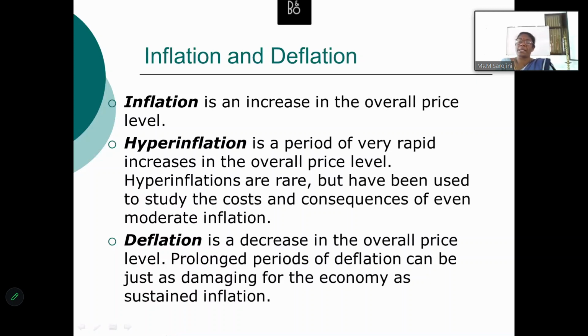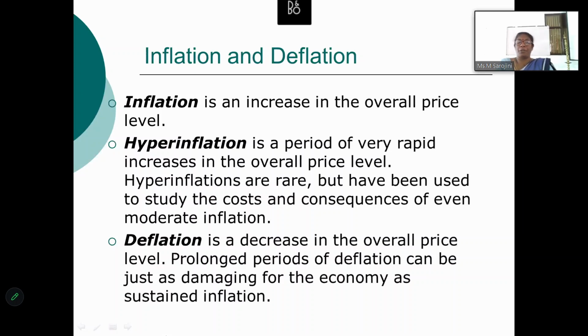So the price is rapidly increased. That is called hyperinflation. Hyperinflations are rare, but have been used to study the cost and consequences of even moderate inflation. Rare. But we experienced it right now after a long time.